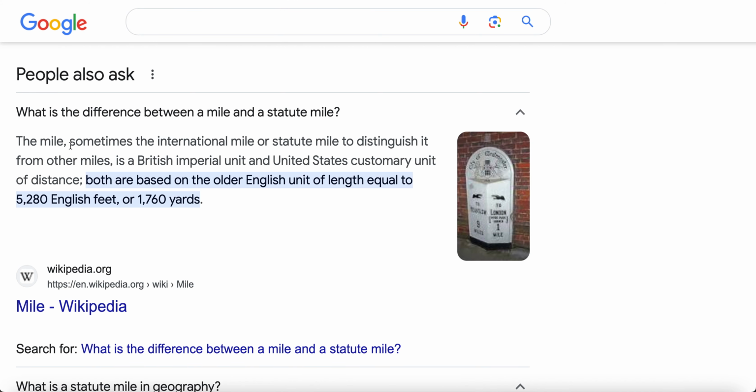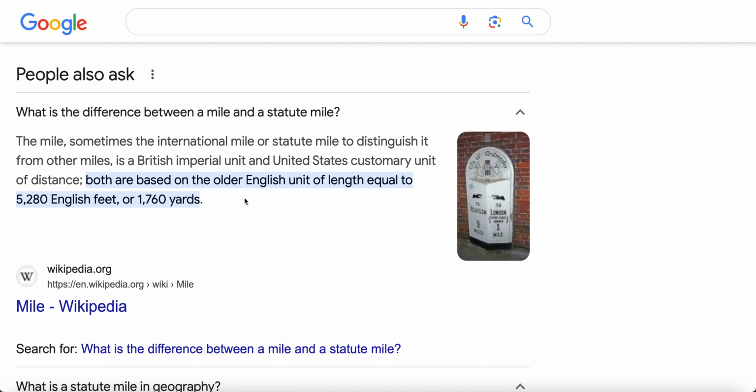Okay, the mile, right? Sometimes the international mile or statute mile, to distinguish it from other miles, is a British imperial unit and United States customary unit of distance. Both are based on the older English unit of length, equal to 5,280 English feet, or 1,760 yards.